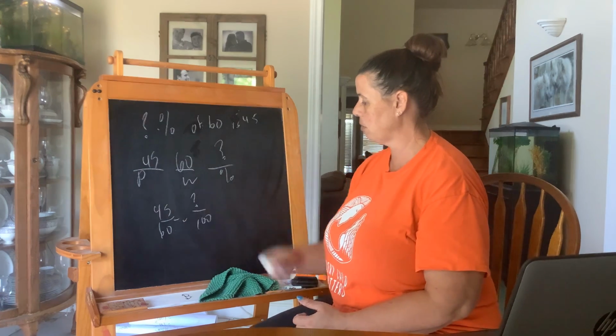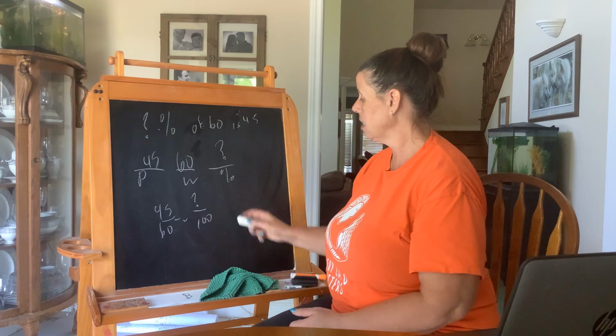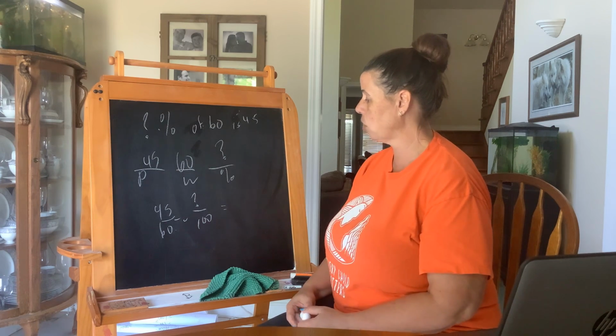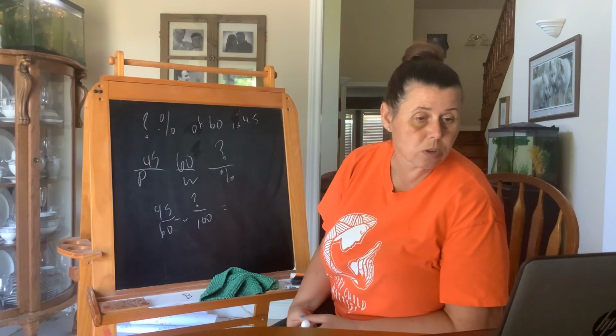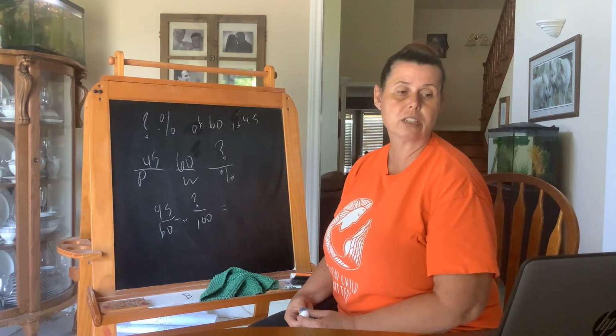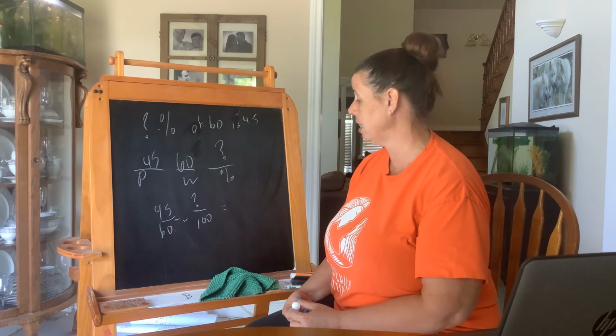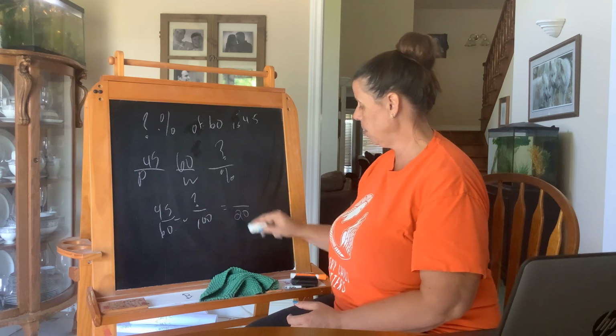I can't get from 60 to 100, so what can I do with that 60 to get to something that can turn into 100? Did they give us a hint on this one? No hints. Oh wait, start with a denominator of 20. So they think that we should get a denominator of 20.